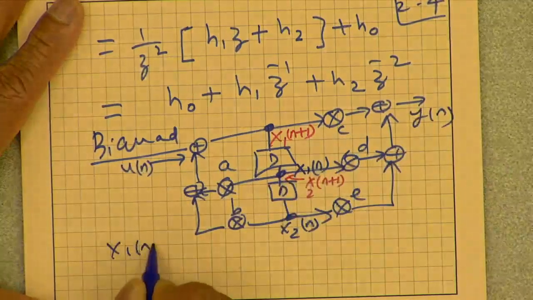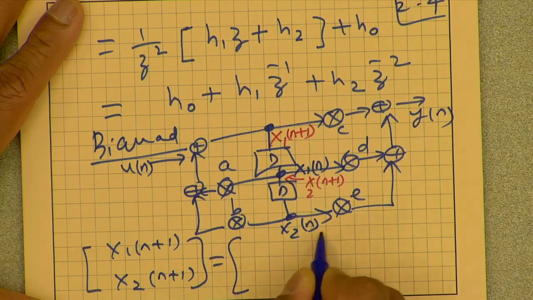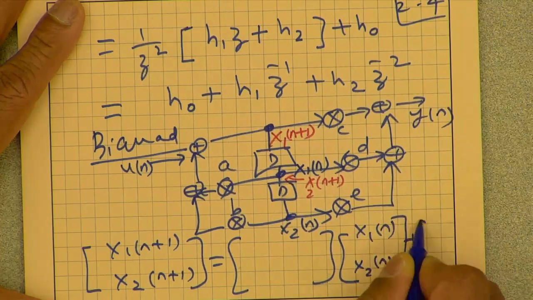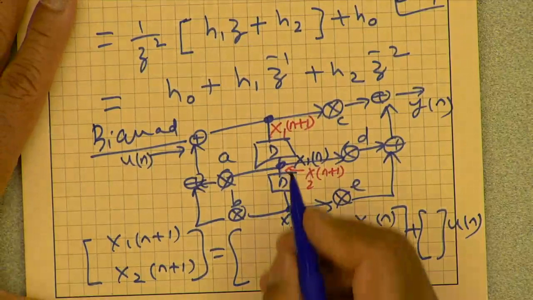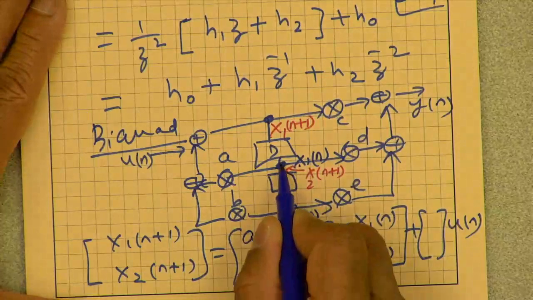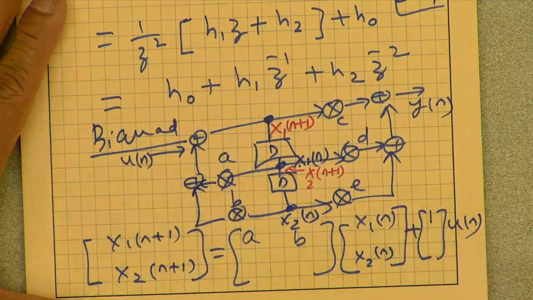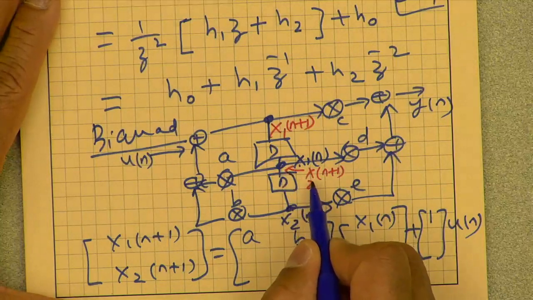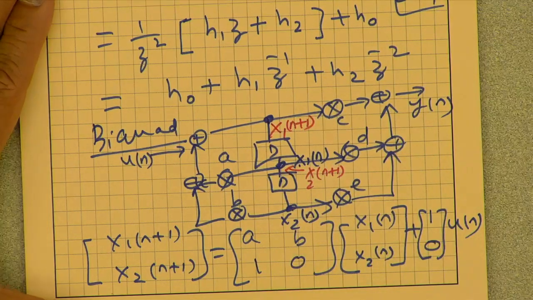So x1 n plus 1, x2 n plus 1: the next state is equal to the transition matrix A times the state vector at time n plus some column vector times input. Okay, so what is x1 n plus 1? That's A times x1 plus B times x2 plus input u. And what is x2 n plus 1? Any volunteer? That's the same as x1 n. So that's simply 1, 0, 0.